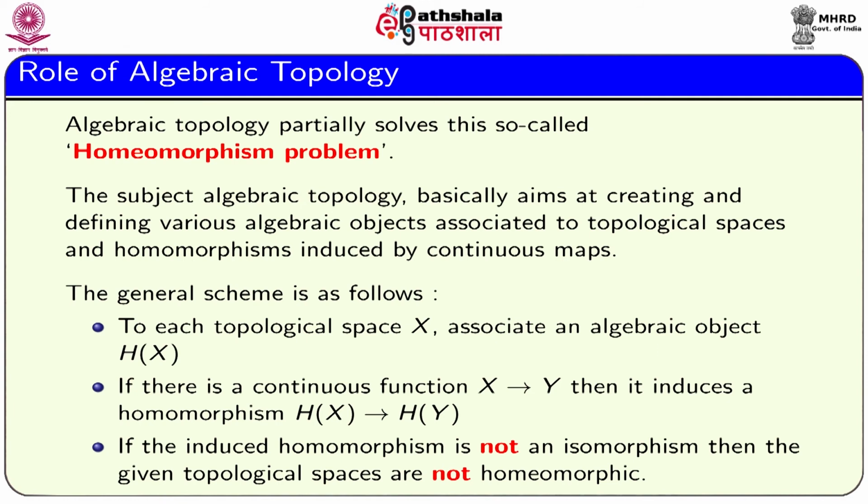Given a topological space X, we want to associate an algebraic object Hx with that given X. Now the question is, how do we get that algebraic object? The purpose of this course is to know certain methods of construction of that algebraic object.